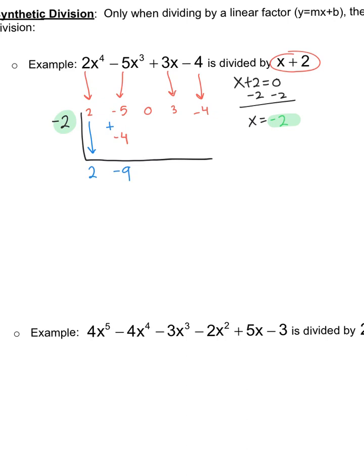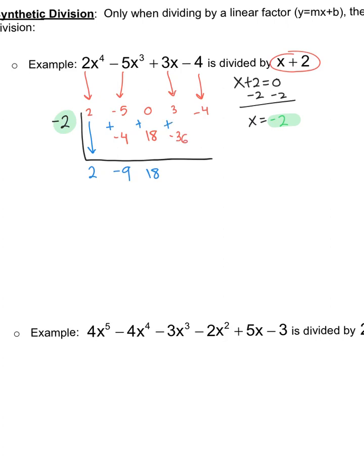-9 times -2 gives me a positive 18. Then we're going to add going down. 0 plus 18 is 18. Then you're going to multiply 18 times -2 is -36.